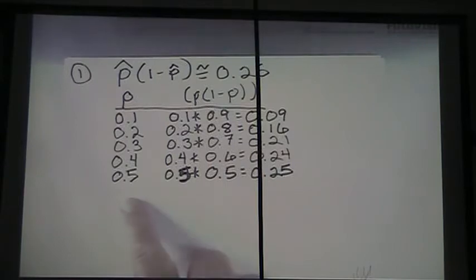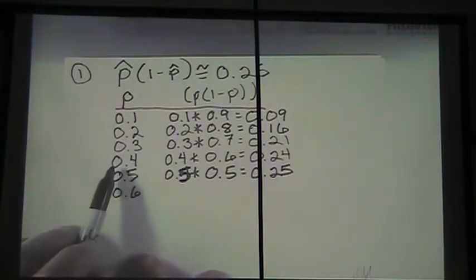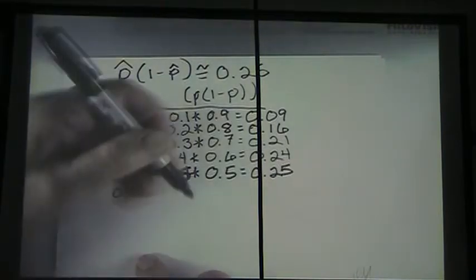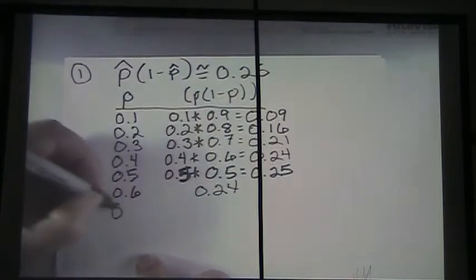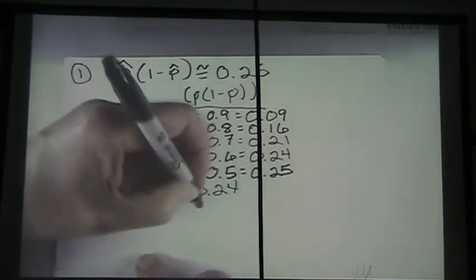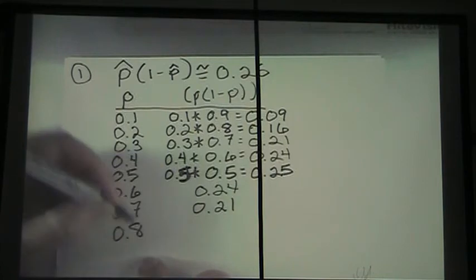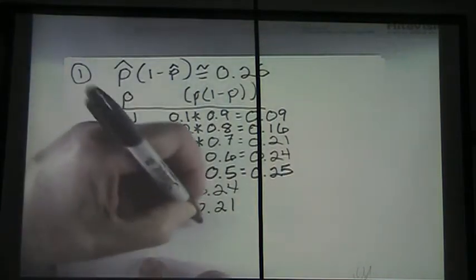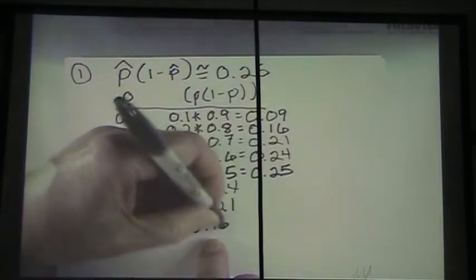All right, so what's going to happen if I go higher than 0.5? Well, 0.6 is going to be the same as 0.4, so that's going to be 0.24. 0.7 is going to be the same as 0.3, or 0.21. 0.8 is going to be the same as 0.2, which is going to be 0.16.